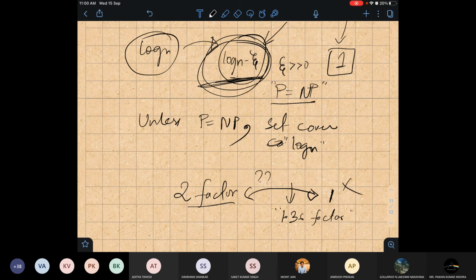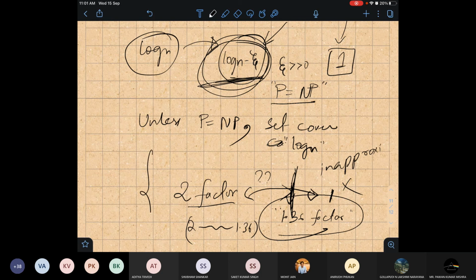So there is a window between 2 and 1.36. If you do better than 1.36, then we can solve P equal to NP. These kinds of results are called inapproximability results, where we ensure that these problems cannot be approximated beyond a certain point.